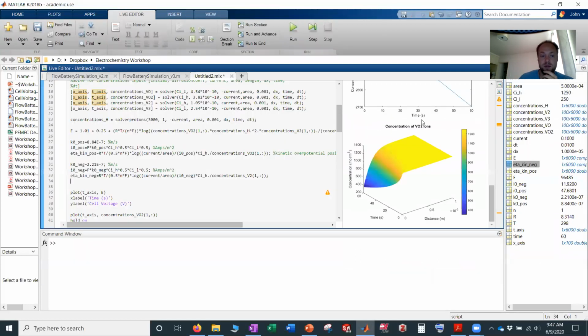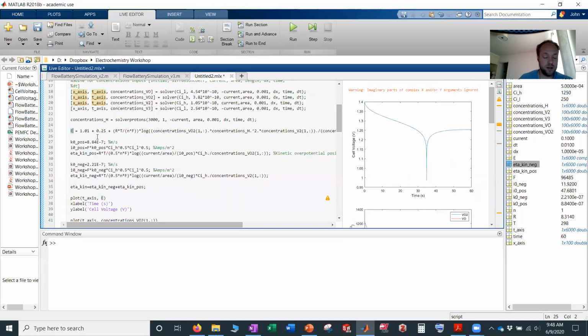They're not like 10 volts, they're a fraction of a volt. So our total eta from kinetics is going to be our eta kin negative plus our eta kin positive. And we'll call this E diffusion, because this has the terms that account for losses in diffusion.